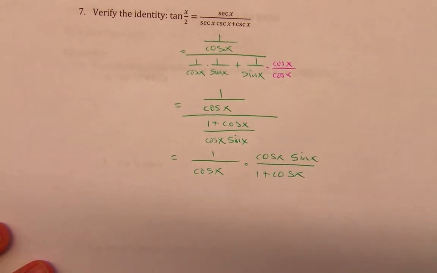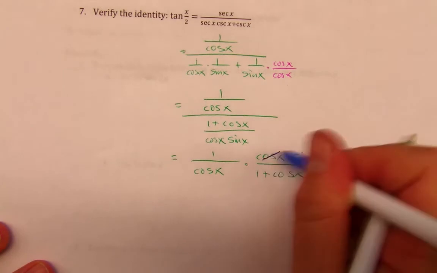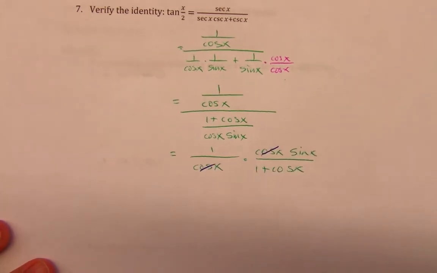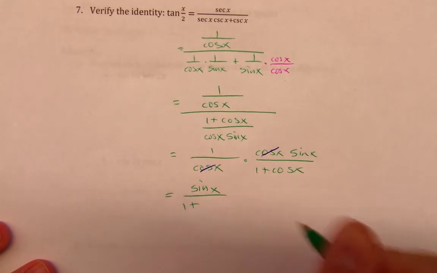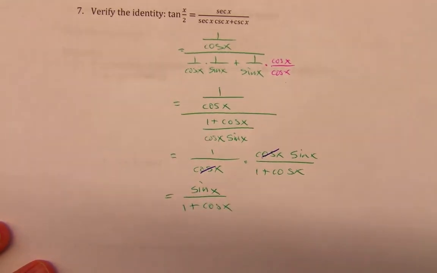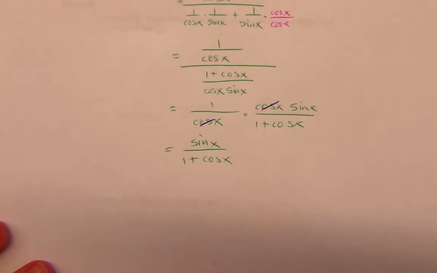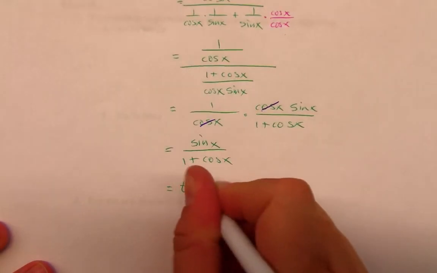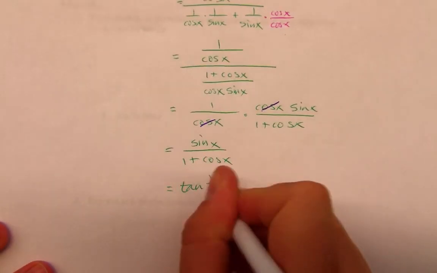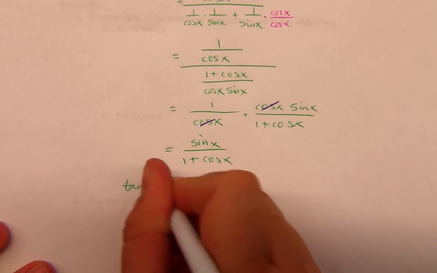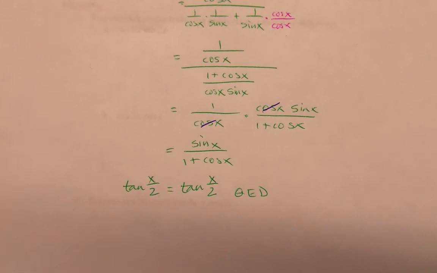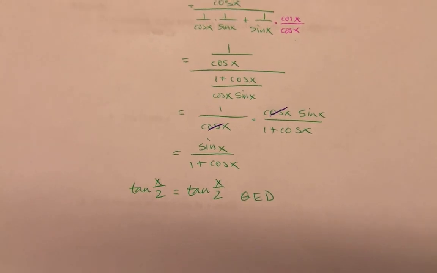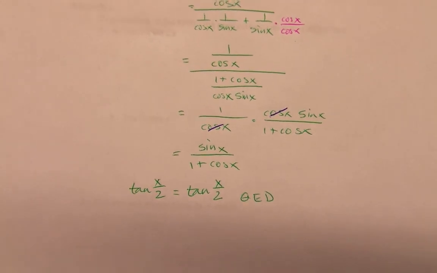And we see that these cancel out here. And now we have sine x over 1 plus cosine x. And that is the half angle. And so we're done with that one. And that brings us to the end of section 3.